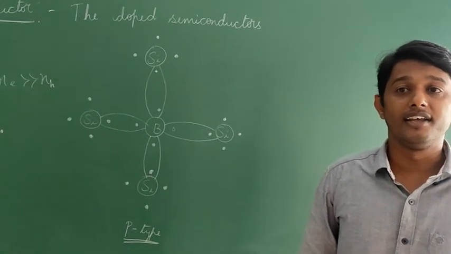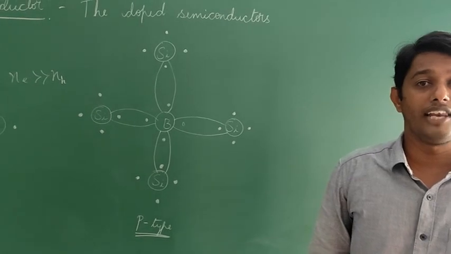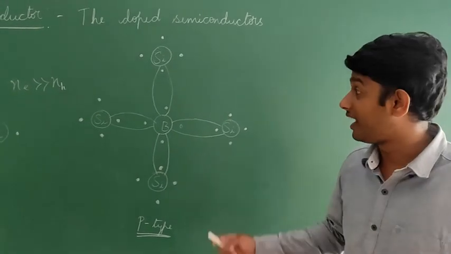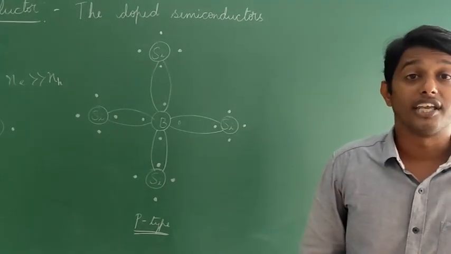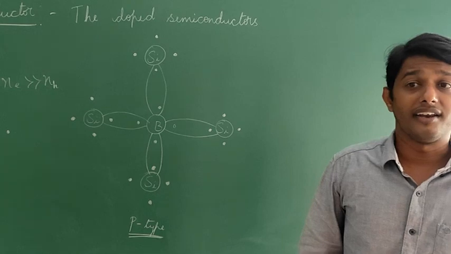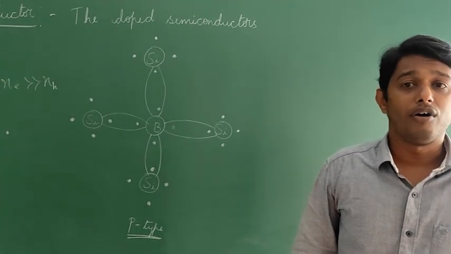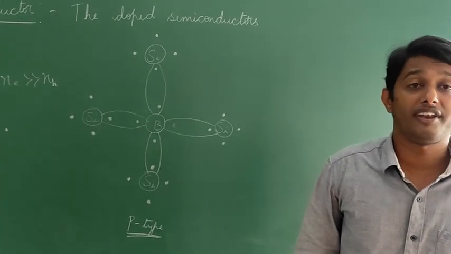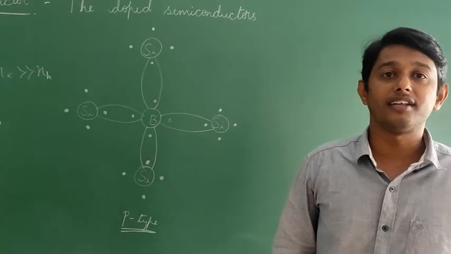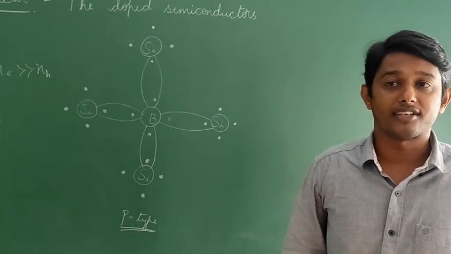The holes created by acceptor impurity are available for conduction even at 0 Kelvin. So in P-type, the number of holes is greater than the number of free electrons.